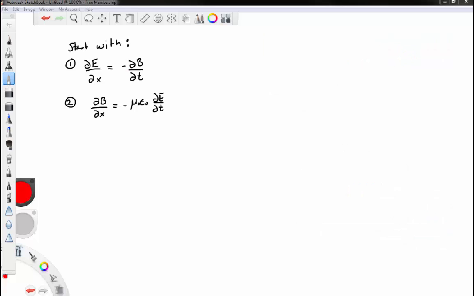We start with our pair of equations that we just derived. For equation 1, we want to take the derivative with respect to x of both sides.